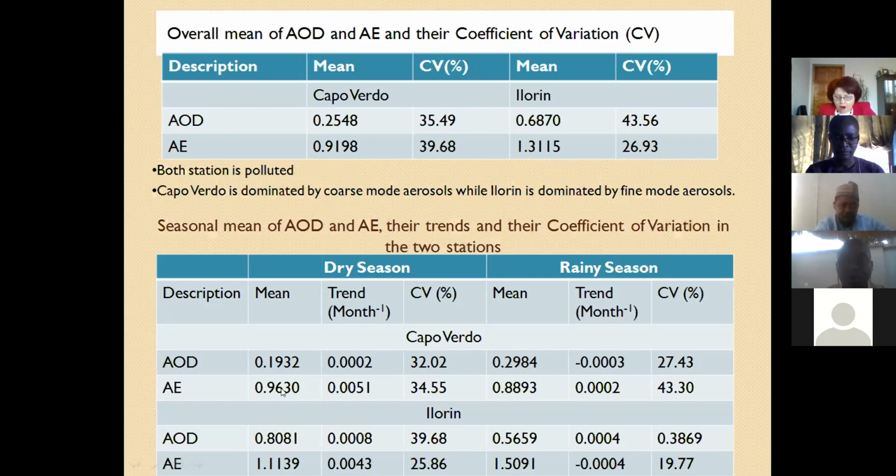The size distribution also shows an increasing influence, because this is approaching 1. The trend shows an increasing AOD during the dry season, which is to be expected, and a decreasing trend in the rainy season, which is also to be expected because of the influence of rain.